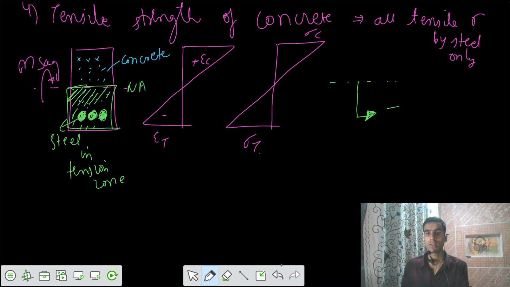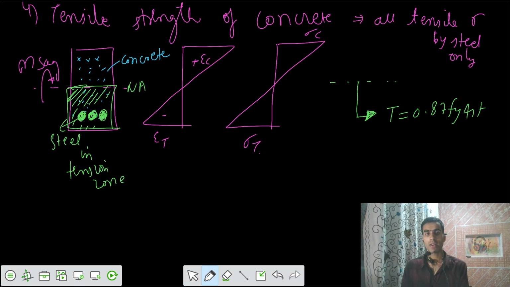That tension equals 0.87 Fy Ast. That means it does not involve the concrete here. So the entire area of the concrete has been unutilized, because of this assumption that we ignore the concrete tensile strength, taking only the strength developed by the steel.